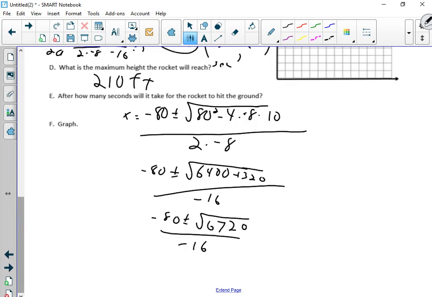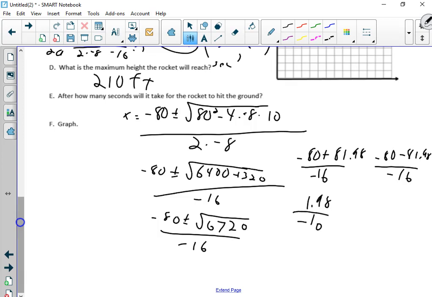So, we have to do two problems. Negative 80 plus the square root of 6720, which is 81.98, divided by negative 16. And then we also have to do negative 80 minus 81.98 over negative 16. So first off, 81.98 minus 80 is 1.98 divided by negative 16. That doesn't matter because that's going to be a negative number.